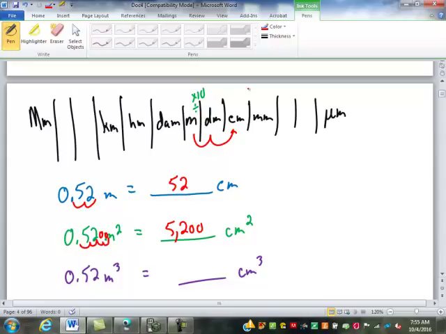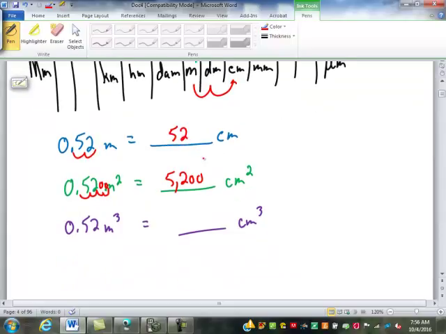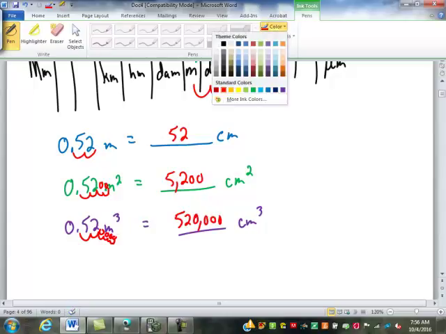Or we could say you have to do the conversion 3 times. Either way, every spot on the chart means the decimal point has to move 3 times. So moving 2 spots to the right on the chart, the decimal point has to move 6. 1, 2, 3, 4, 5, 6. We've got to add 4 zeros in there. Get 520,000 centimeters cubed.